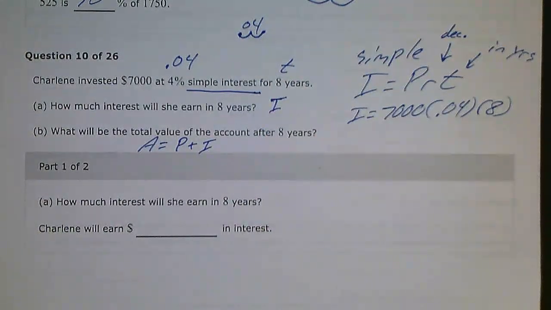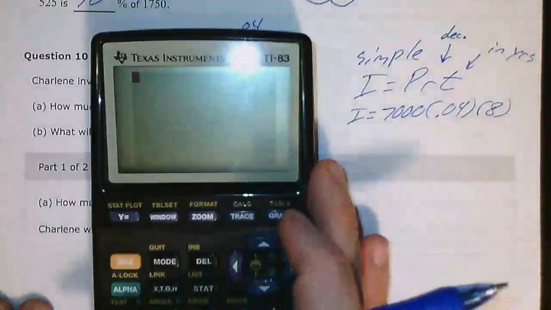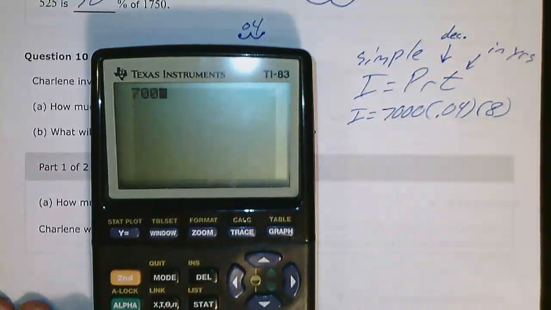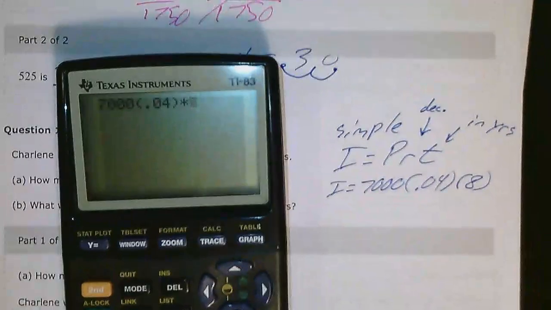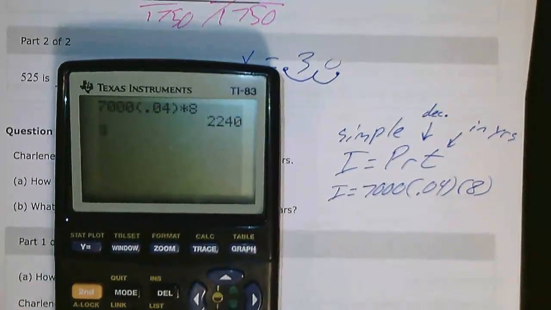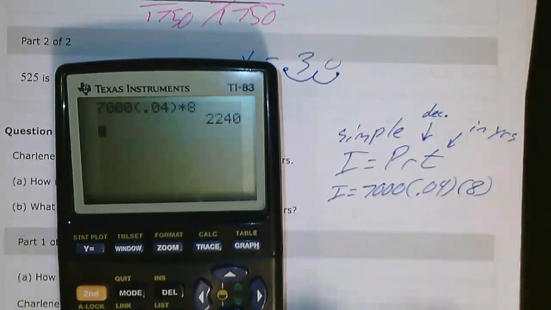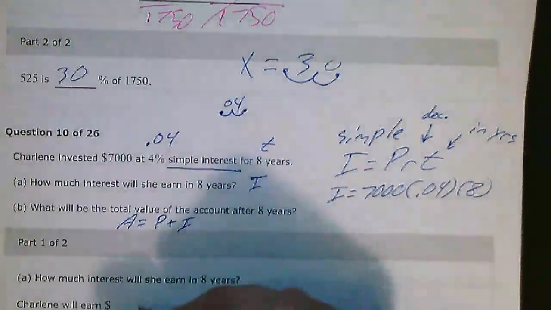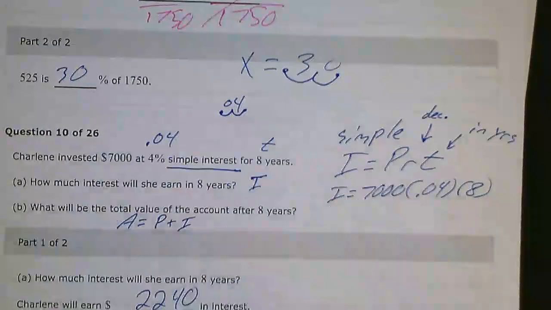You could put that in the calculator. 7,000 times 0.04. I use parentheses. You can also use the times button underneath divide. Times 8. And we get $2,240 in interest.